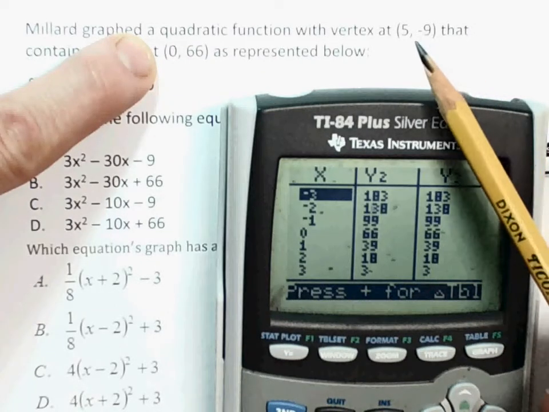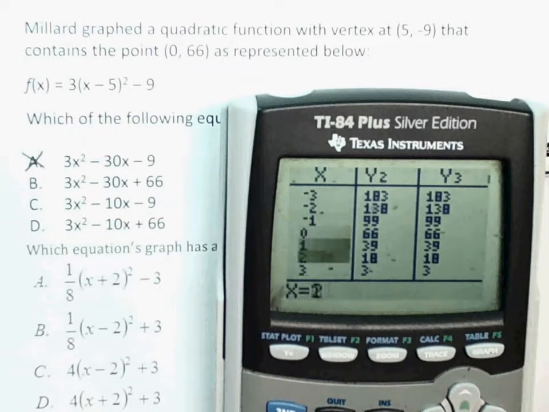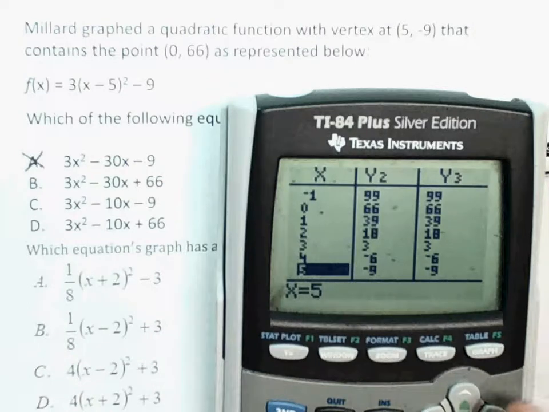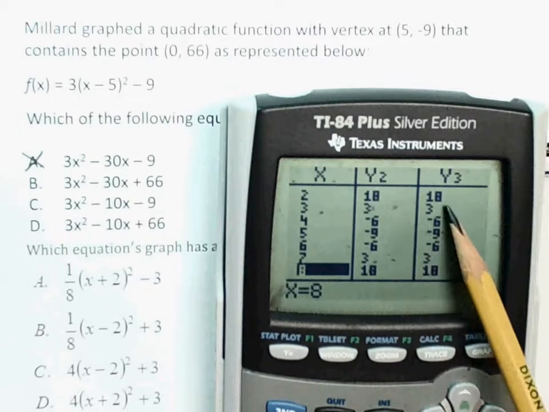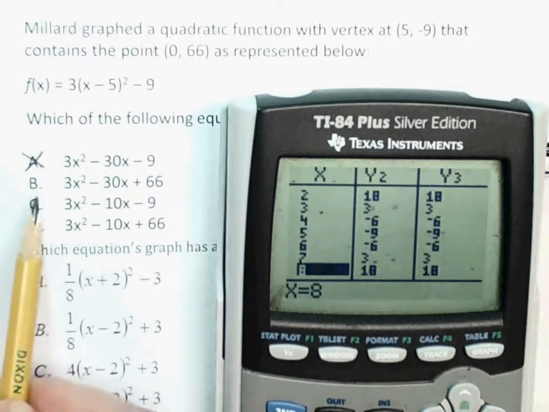And how about with a vertex of 5, -9? Do I see symmetry around this 5, -9 on both of them? Yep. I see symmetry around this -9. So that's the vertex. So the correct answer is B.